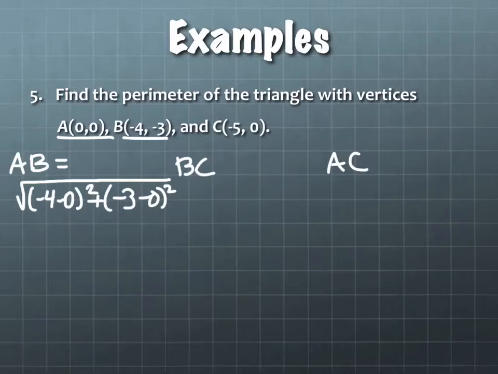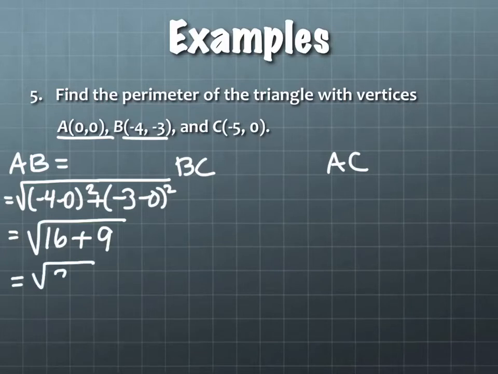Subtracting 0 is a friendly thing to do. I've really here got 4 squared. That's 16. We did that a minute ago. And I've got 3 squared. That's 9. So what's 16 plus 9? 25. And again, the square root of 25 would be 5. Now, lest you think that these answers always work out perfectly, the next one won't. Okay, so let's check it out. BC.